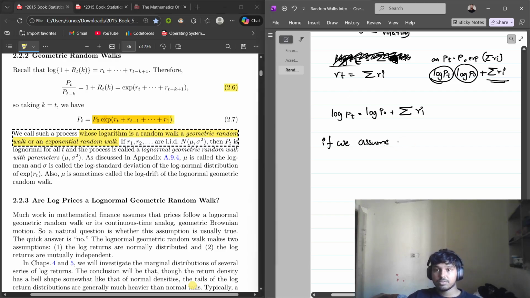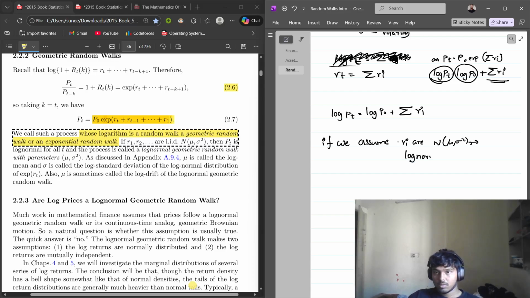And if we assume R_i are normal with mean mu and variance sigma squared, that becomes log normal, because we are not exactly modeling P_T directly.